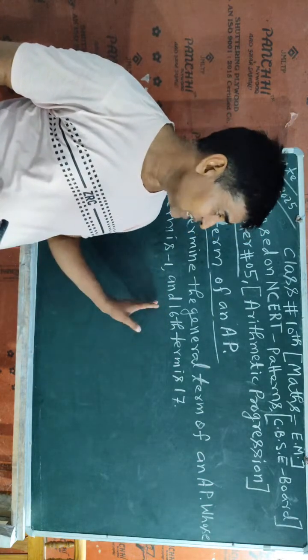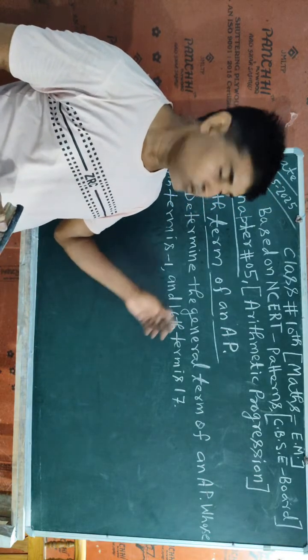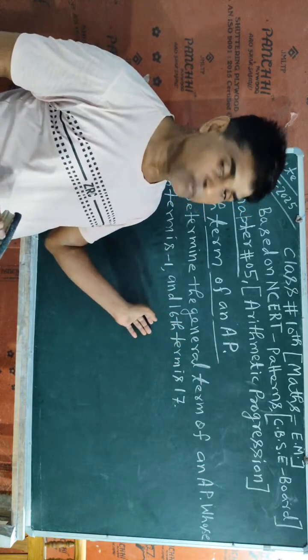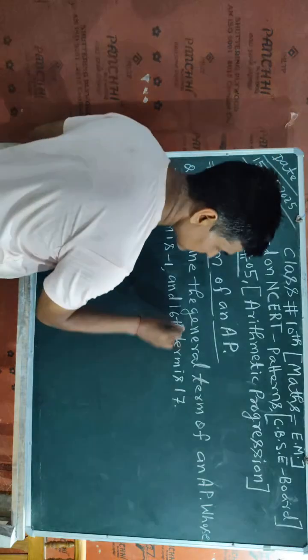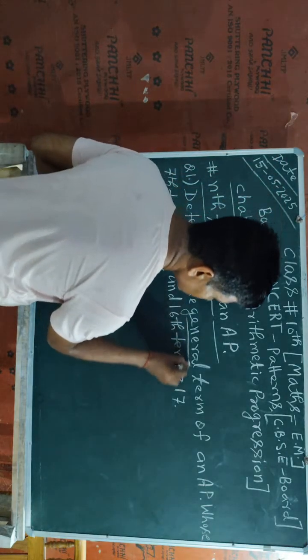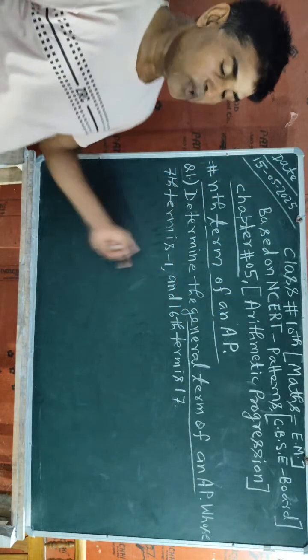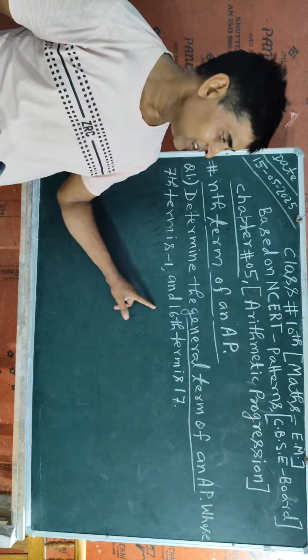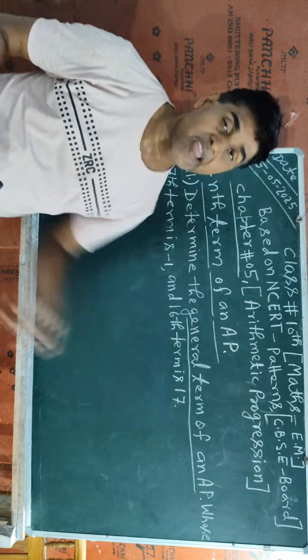These are the information given in the question, and we will utilize them to write the nth general term of an AP. Okay students, these are the information I have to apply. After applying, we will get the nth term, that is the general term of an AP series.